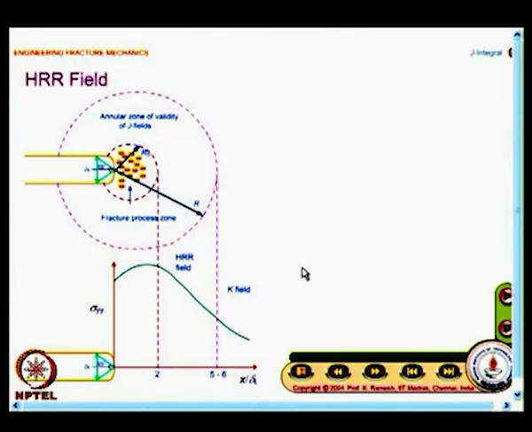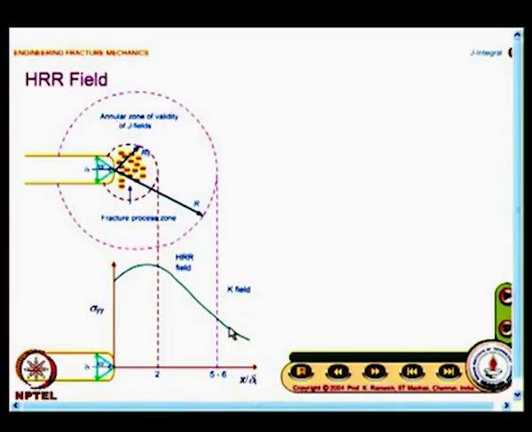So, this is the way you have been able to picturize the field information in elastoplastic analysis. At the crack tip, the value of sigma y is not what you would get for a sharp crack, because the HRR field also asymptotically goes to infinity at the crack tip, like the K field.